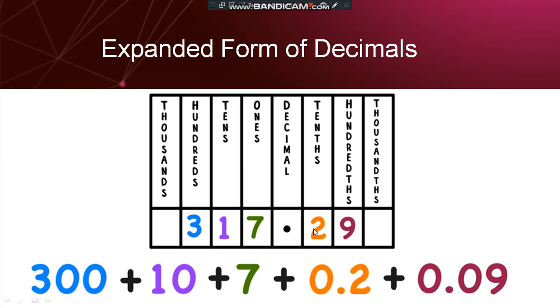Then decimal. Now 2 is at tenth place, so it is 0.2. 9 is at hundredth place, so it is 0.09. Instead of writing 0.2, you can also write 2 upon 10, and 0.09 you can also write as 9 upon 100. So this is how you are going to write the expanded form of decimals.